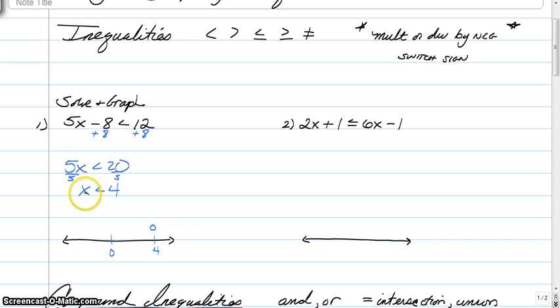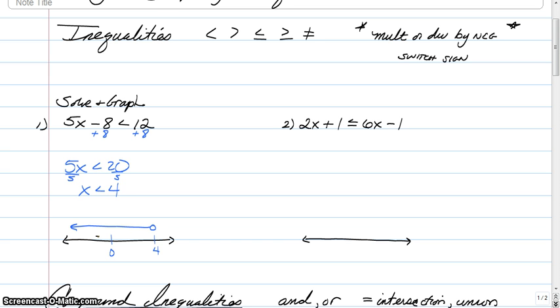And a little trick: if you have x or whatever variable first, you always point the direction of your inequality sign when you graph it. I'll show you what happens if you don't in the next example. So we would just draw an arrow to the left. The reason we're going to do this is that when we get to compound inequalities, I can give you a couple of tricks so you can see it a little bit better.